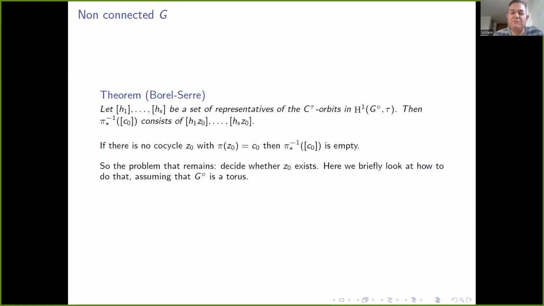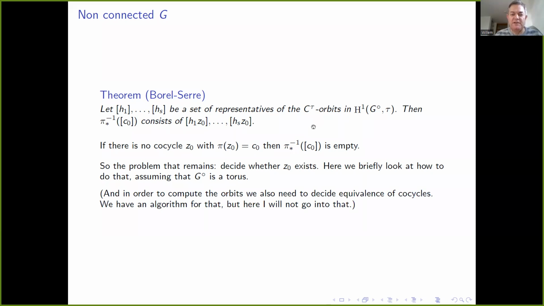And here we briefly look at how to do that, assuming again that G0 is a torus. In the general case, we also have an algorithm, but that's very technical and rather difficult to explain. For a torus, it's still digestible for such a talk. There is actually a small other problem, which I will not be talking about: in order to compute these orbits, we need to decide whether elements in the H1 of G0 tau are equal.